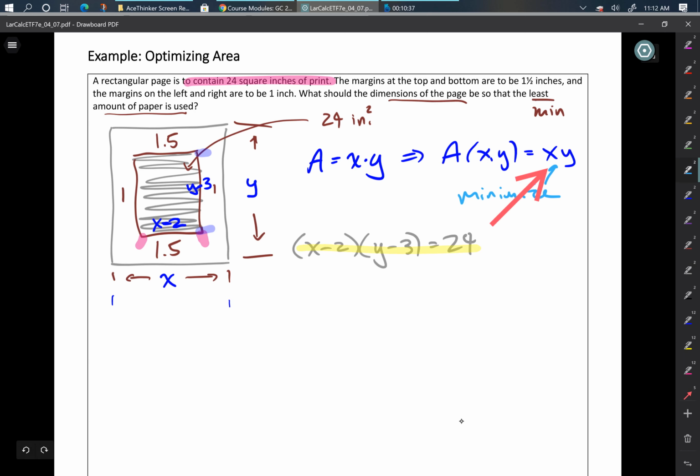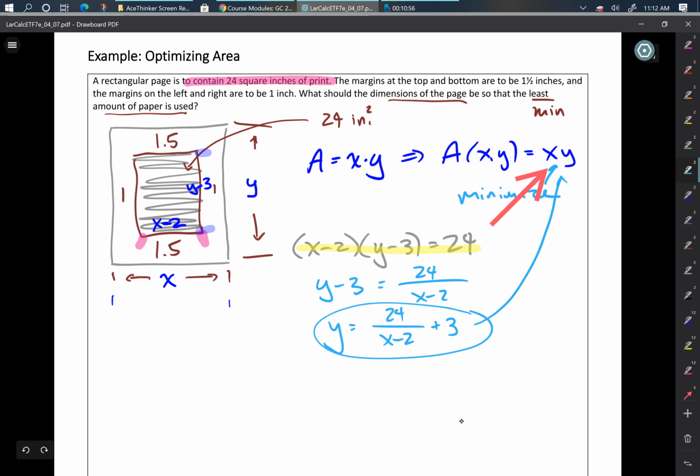If I solve that thing for y, I first of all am going to get y minus 3 is equal to 24 divided by x minus 2. And then y is equal to 24 divided by x minus 2 plus 3. And then this is what we'd have to use for our substitution, which is really going to be a hot mess, because we're going to have to take a derivative of that.